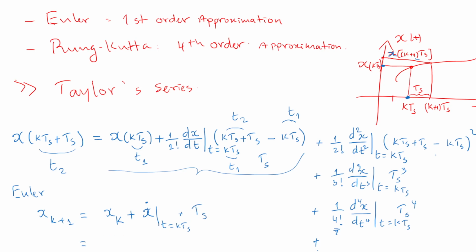And what is h dot? Our original differential equation is h dot equal to f of h and t, any f, right? So here you get h k plus, you can substitute f, and when you evaluate t as k ts, you can write it just t k, and you evaluate h at the time k ts, you can have just h k like this.